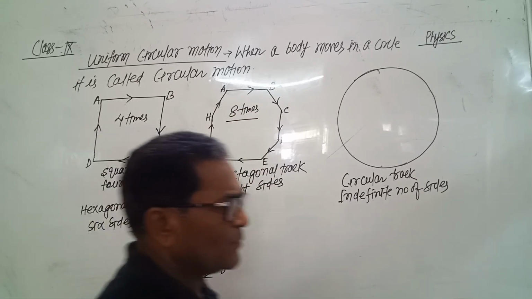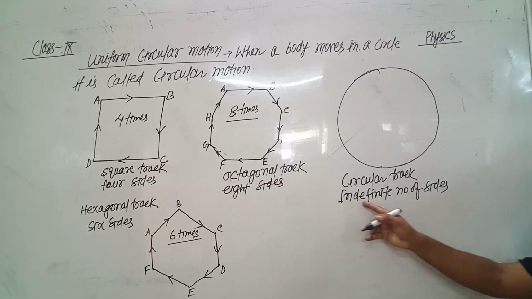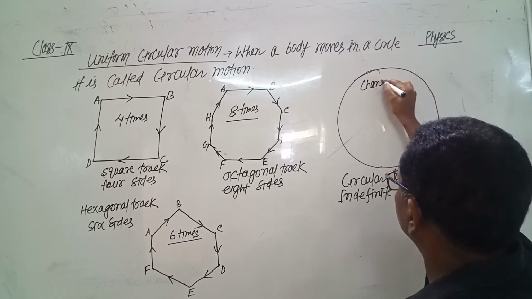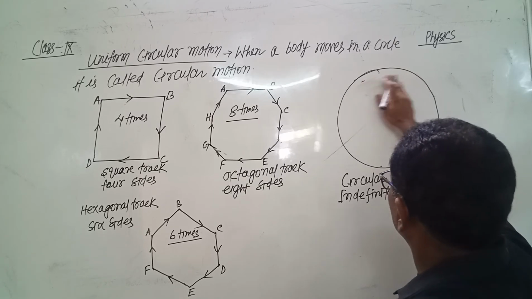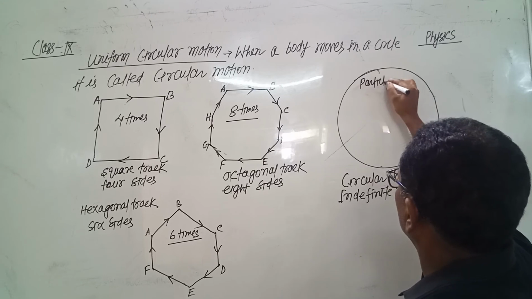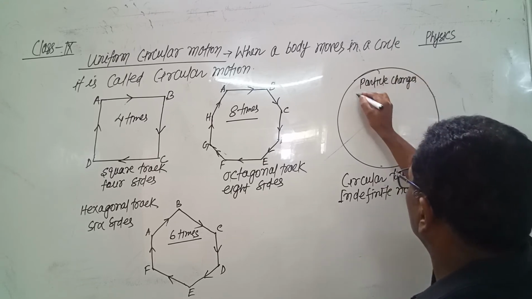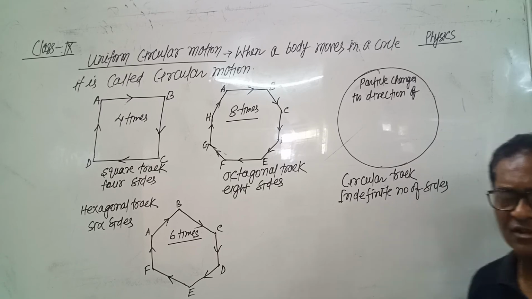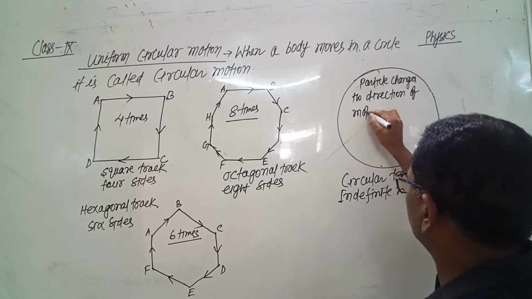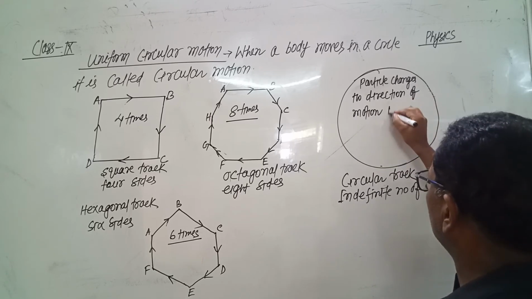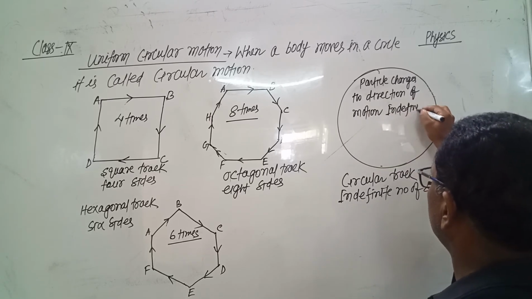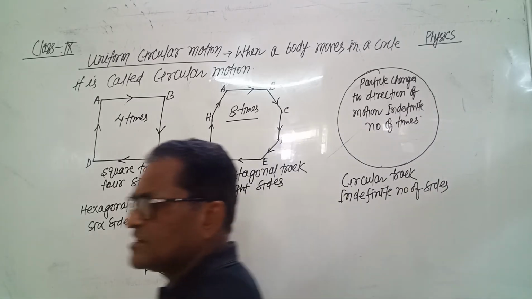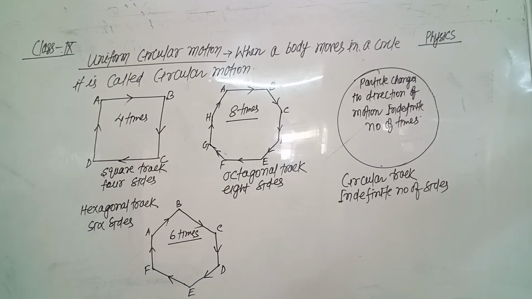And when the body moves in a circular track which has an indefinite number of sides, the particle changes the direction of motion an indefinite number of times.